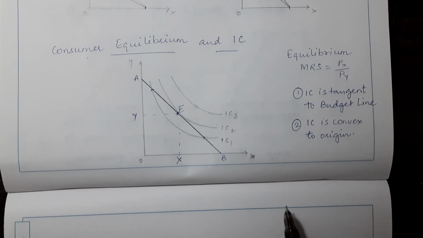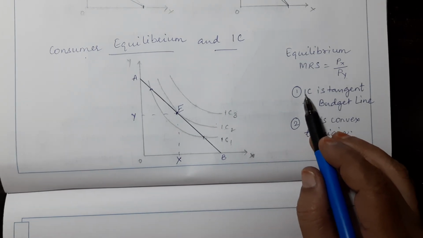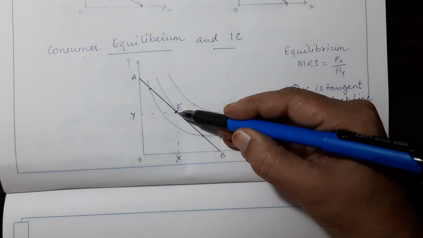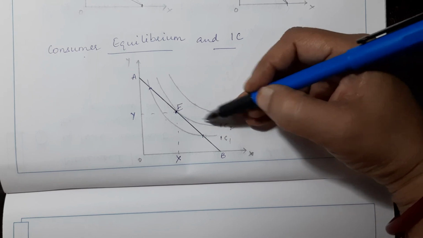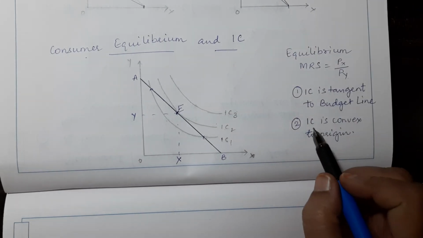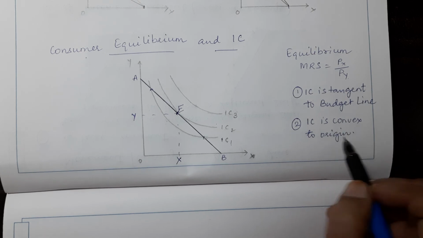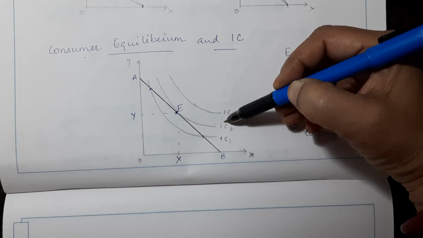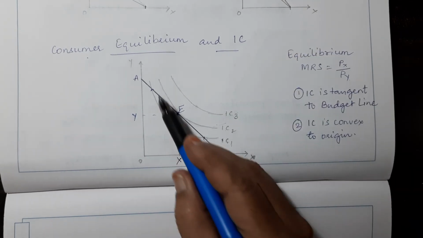Now what is to be noted over here is that the indifference curve is tangent to the budget line. That means it touches only at one point on the budget line, and that the indifference curve is convex to the origin. Yes, it is convex to the origin. This is the origin.